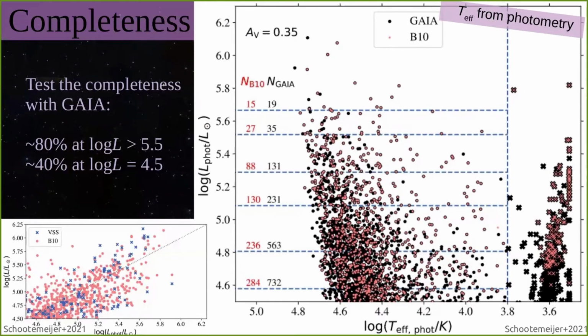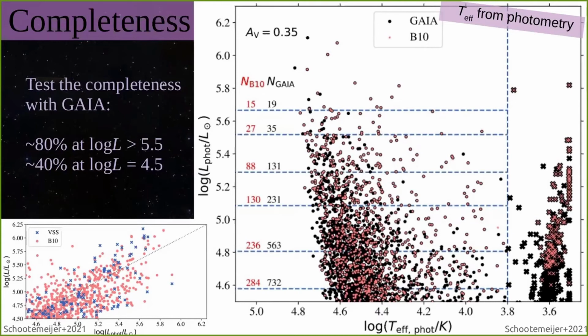And as a brief sanity check, we check how well the luminosities correlate when we calculate them using just the photometry from Gaia or the other method, which can be spectral type plus Gaia magnitude, or VSS, which stands for various spectroscopic surveys, for example, Dufton et al. 2019, etc. And what we see is that, as can be expected, there is significant scatter because it is very difficult to obtain the luminosity of a blue massive star with photometry.